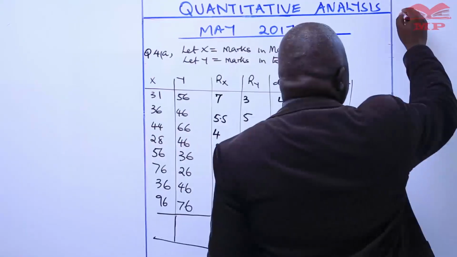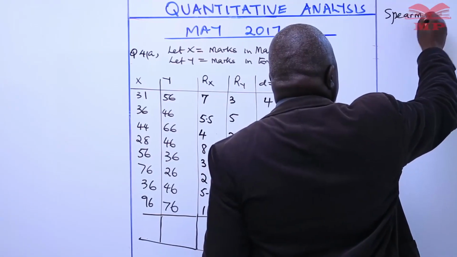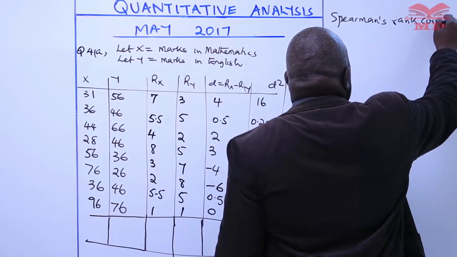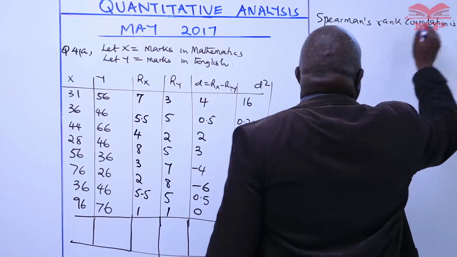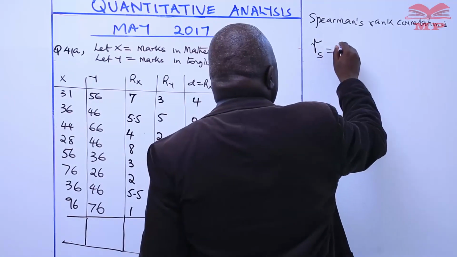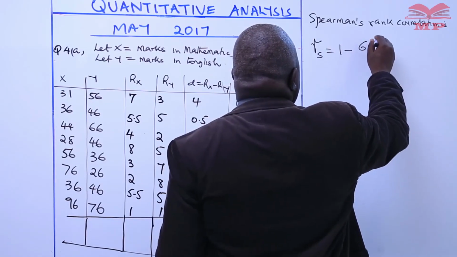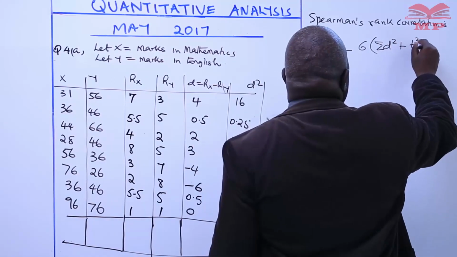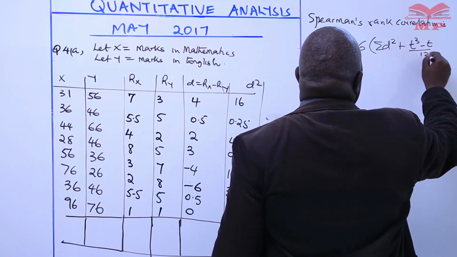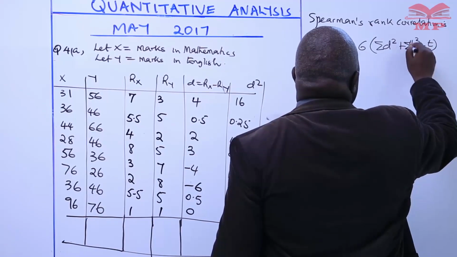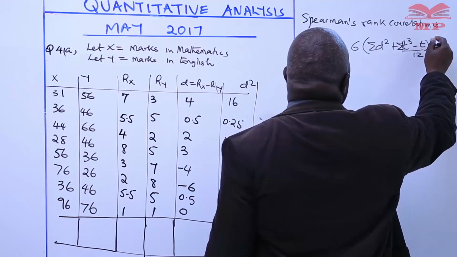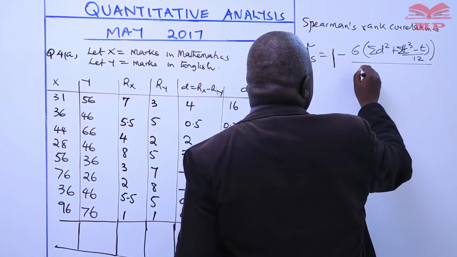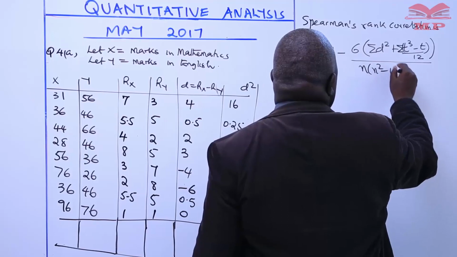So Spearman's rank correlation is R_S equals 1 minus 6 into summation of d squared plus t cubed minus t over 12, where this is a summation, because t refers to the number of times a quantity is repeated. Then over n into n squared minus 1.